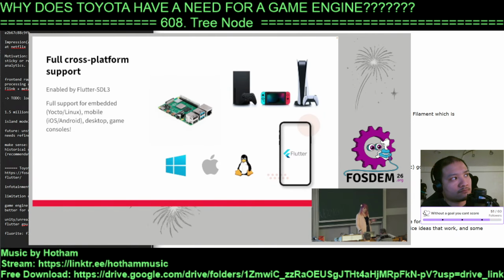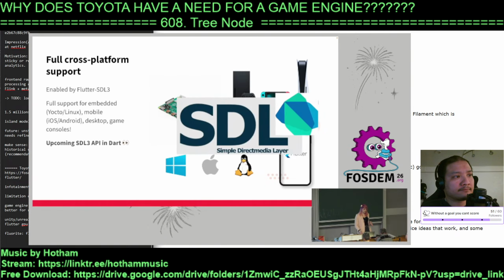This is all thanks to SDL3 that not only provides us with all of the tooling necessary, but thanks to the platform agnostic nature of both Flutter and Filament, which has very easily allowed us to experiment with that and will help us in delivering those experiences to you in the near future. And of course, it would be kind of sad if we kept all of that to ourselves, which is why we're also going to release an SDL3 API in Dart, available as a package to include within your Fluorite applications.